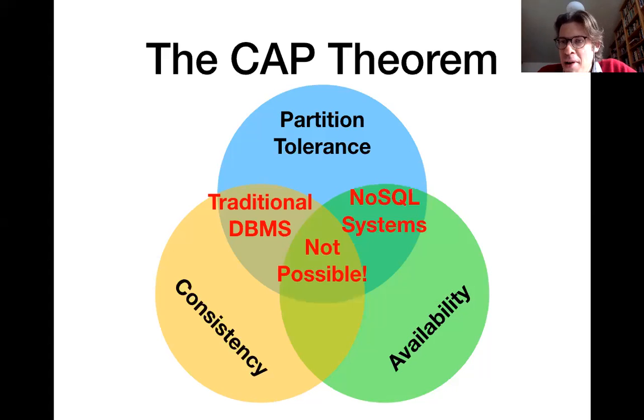So the CAP theorem basically says there is a tension between those two, and perhaps we have to choose which one is more important to us. Traditional database management systems prioritize consistent data above everything else. So in the example, they would refuse the incoming request rather than make the data inconsistent.